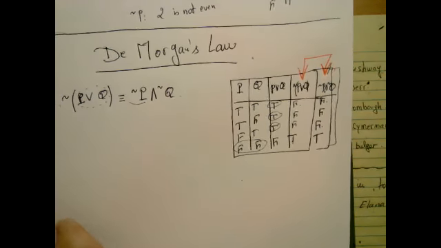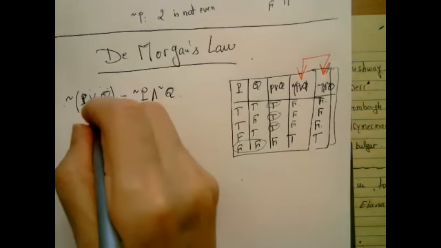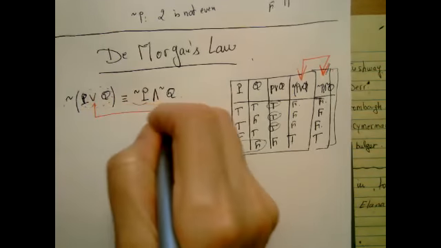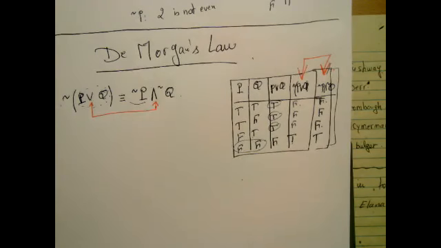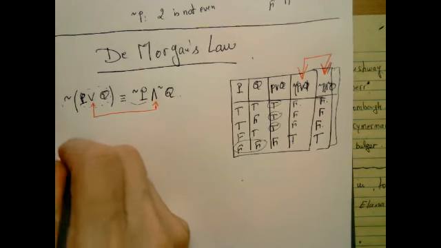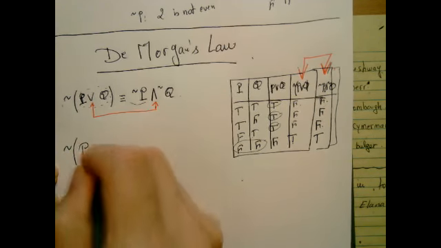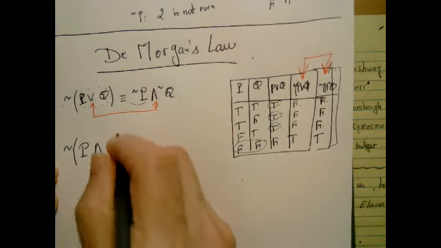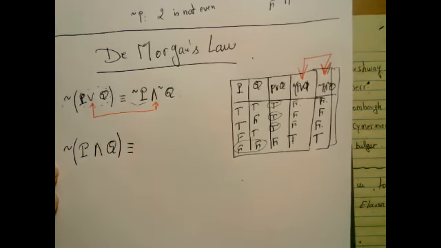So negating the or is actually the negation of P and the negation of Q. Very important to know how to negate statements. Now, by the same token, we have to know what's the negation of P and Q. And I guess you guys can figure this out now.